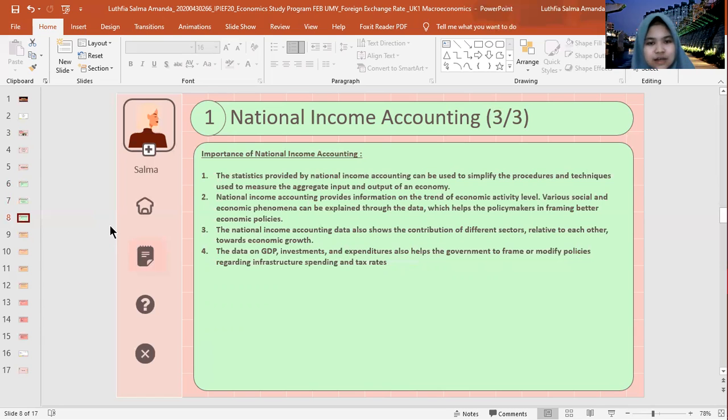And third, the national income accounting data also shows the contribution of different sectors relative to each other towards economic growth. And the last is that the data on GDP, investment and expenditure also help the government to frame or modify policies regarding infrastructure spending and tax rates.